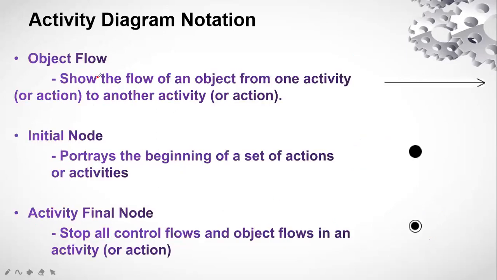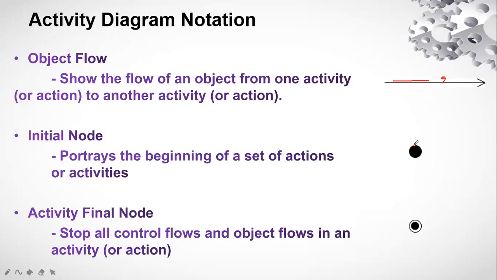Next one, we have object flow. Object flow is what? It shows the flow of an object from one activity to another activity. That means either the action or activity, it's one and the same thing. It is going to give you the flow of the object in the same format. Next, we have the initial node. Now, what is the initial node? Initial node is the one which is going to portray the beginning of a set of actions or activities.